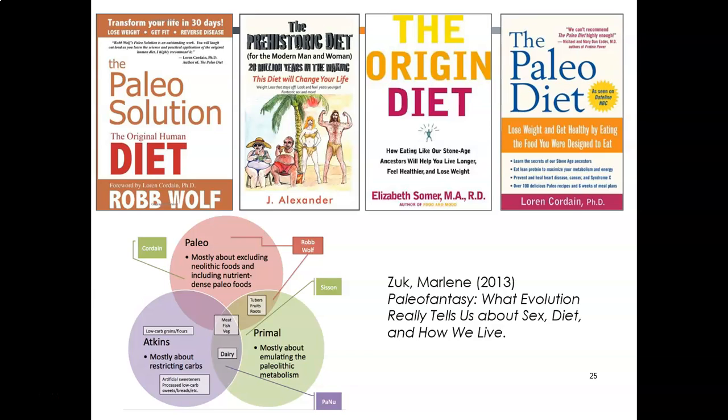And Marlene Zuk has written this wonderful book called Paleofantasy, where she critiques a lot of these pseudoscientific studies and suggests that, if we truly look at what the archaeological record is, it shows that there is no one true singular diet for humans. What's probably made us such a successful species is the wide range of dietary adaptations that we have around the world. It's our ability to not be specifically adapted to any particular diet, but rather exploit a whole bunch of different kinds of resources that has led to our success.